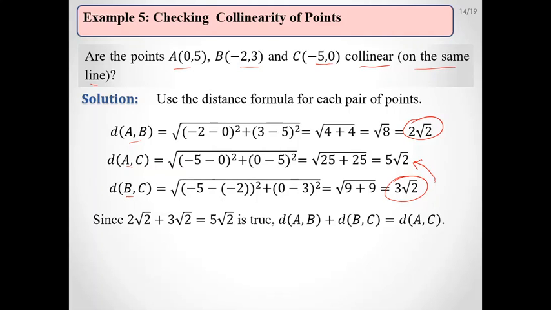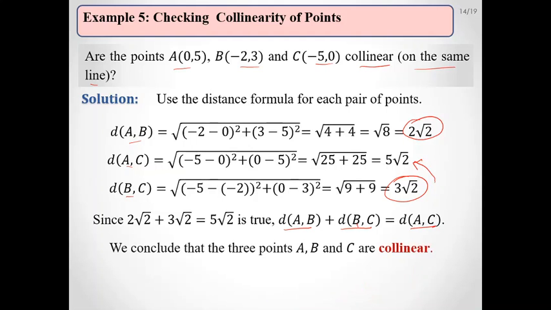So the distance between AB plus the distance between BC is equal to AC. So it turns out on a line, it's something like ABC, or CBA. For sure B is in the middle, somewhere between A and C. So we say they're collinear, or on the same line.